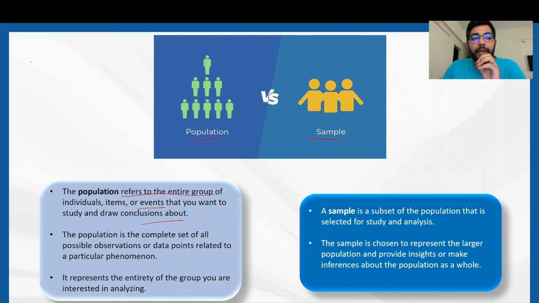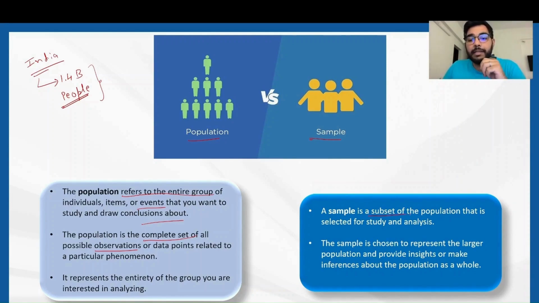Referring to our example wherein we were tasked to get the average income of the population of India, the overall population in this case would be the 1.4 billion people, because the inference we wanted was the average income of the population of India. The population is also called the complete set of possible observations, or the superset. The superset over here is 1.4 billion people in India.